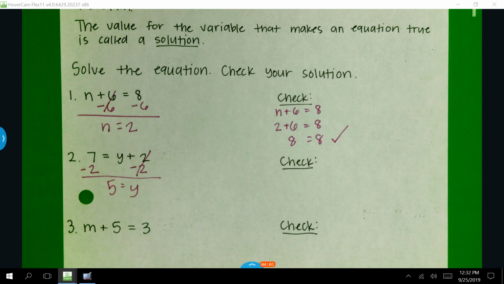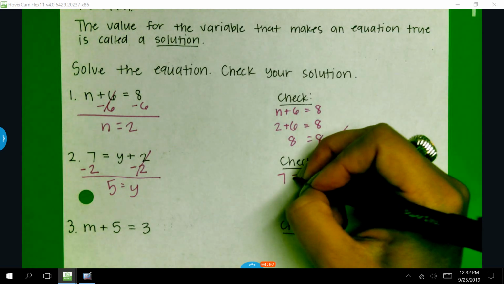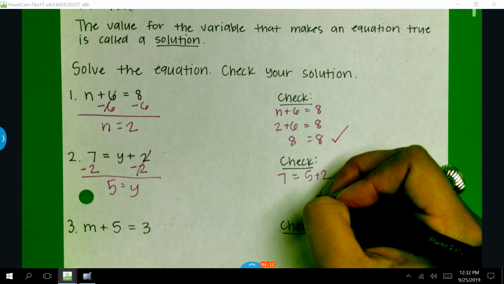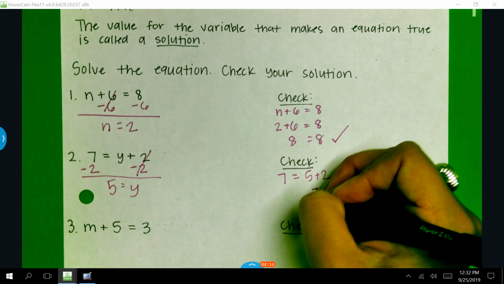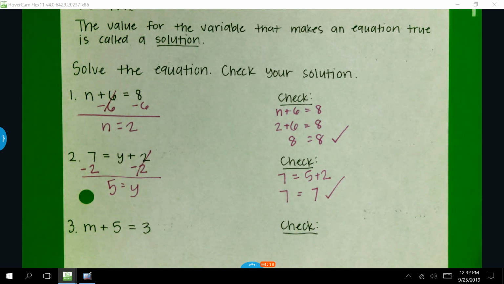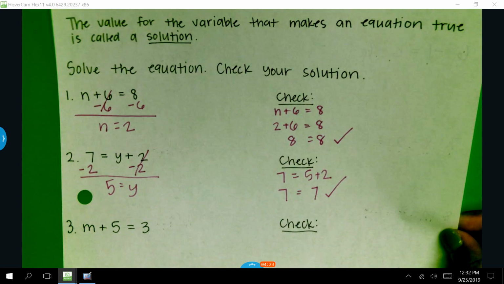So 5 equals y. If I'm checking it, that means I should have 7 equals 5 plus 2. So what is 5 plus 2? 7. So it checks out. Any questions so far?